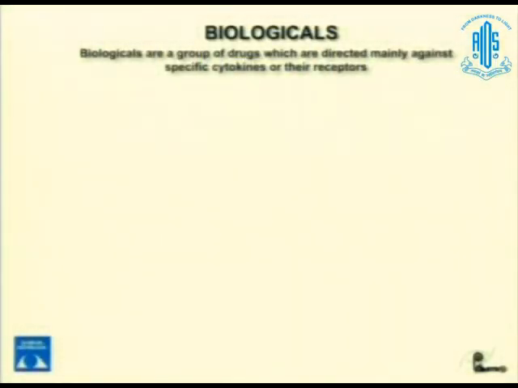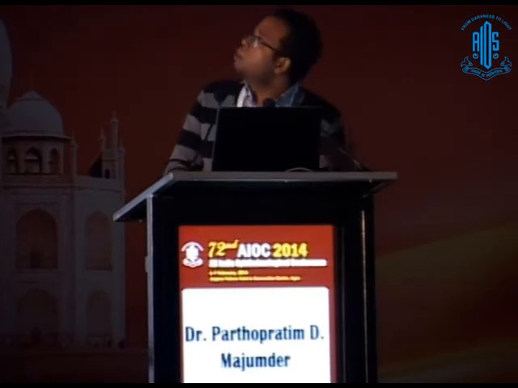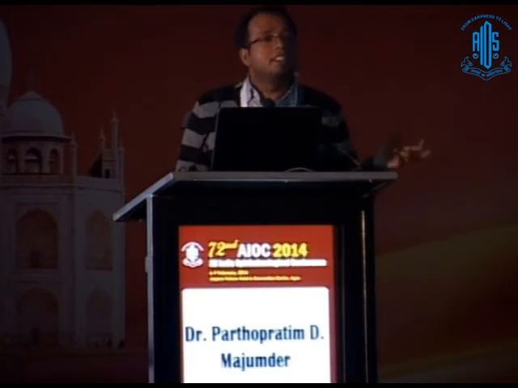So next is the biologicals. A lot of questions, in the fourth paper of the MS ophthalmology exam, one of the questions will be from biologicals. It's a very upcoming drug to treat intraocular inflammation. So what are those biologicals? Biologicals are a group of drugs directed mainly against a specific cytokine.